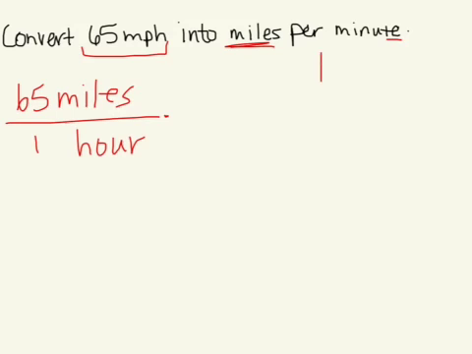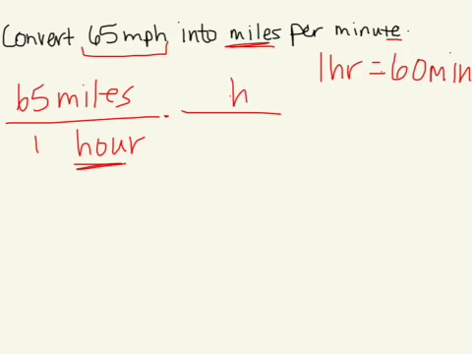So we know that 1 hour equals 60 minutes. I don't want hours anymore. I need to write them opposite of where they currently are. They're currently on bottom, so I'm going to have to write them up here on top. And then I'm going to write minutes in the opposite location. And 1 hour equals 60 minutes.